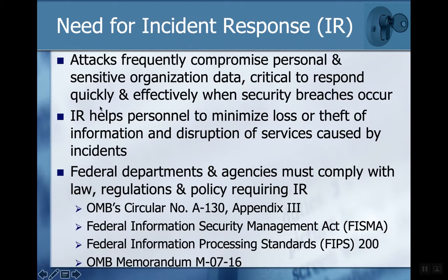There's a whole bunch of different circumstances that come into play. Frequently, when an attack happens, it will compromise personal and sensitive information, and a response is required. The idea of incident response planning is that it helps to minimize the loss and disruption of services caused by these types of incidents.